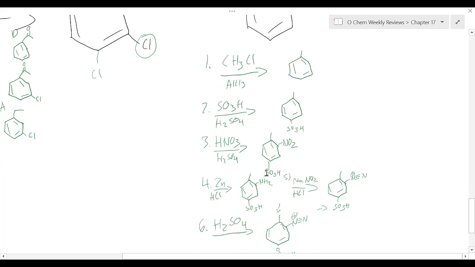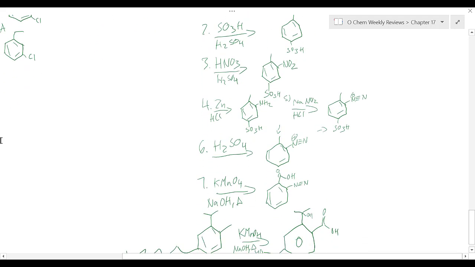After we have that, we're going to reduce NO2 to NH2 using Clemmensen. And then after that, we're going to turn it into a diazonium salt. And after that, we're going to remove SO3H. How do you remove SO3H? You can remove it using sulfuric acid.